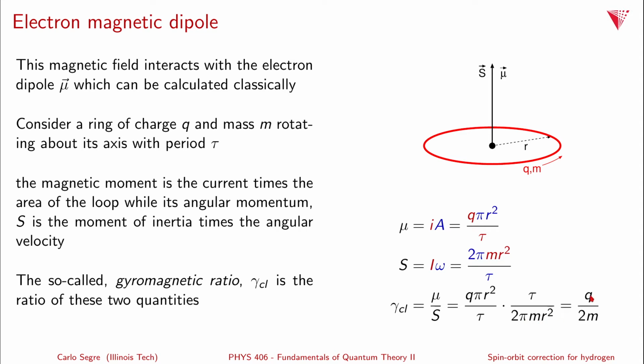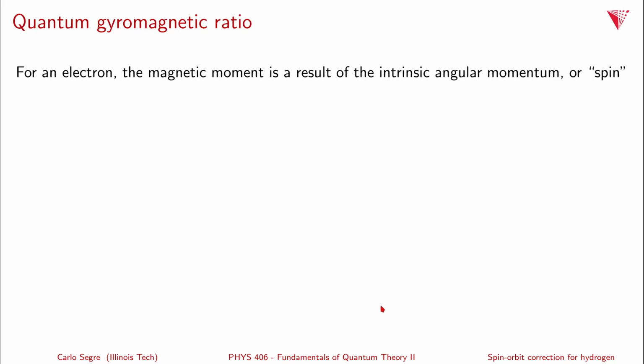That gives me Q over 2m. So the classical gyromagnetic ratio is just Q over 2m. Note that it's independent of r and it's independent of tau. So it doesn't matter what size of ring we chose, we're going to get the same value for the classical gyromagnetic ratio.